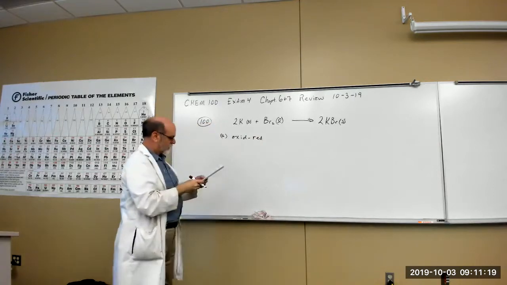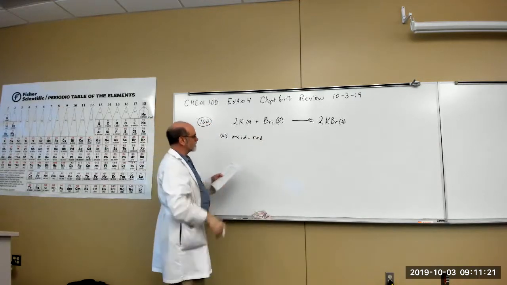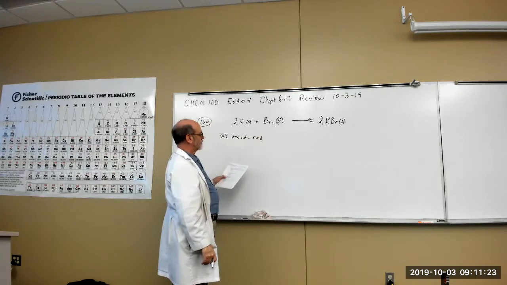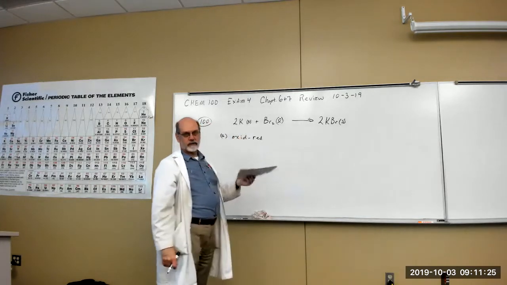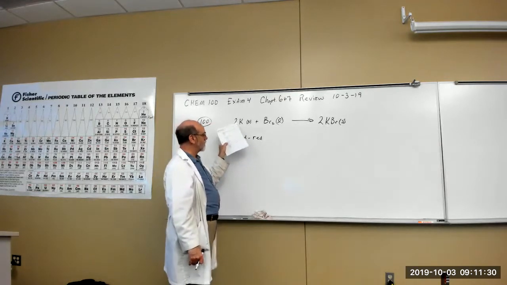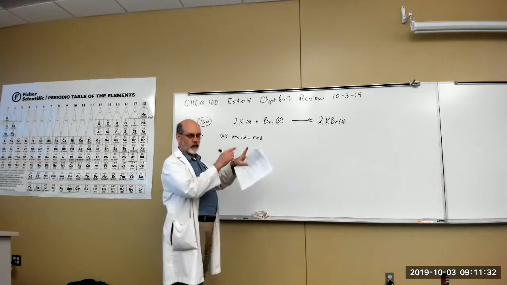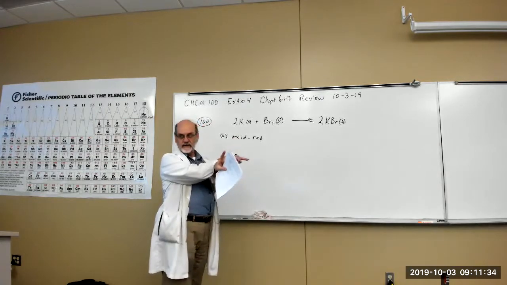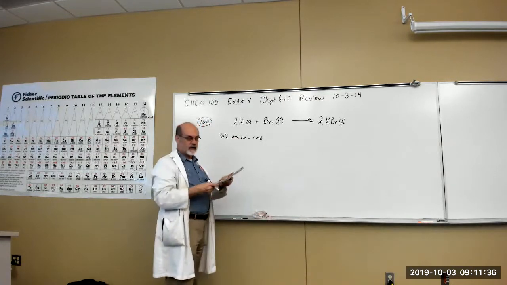Then you can look at the others and say, is this a double replacement? No, because those are not compounds. You can't replace anything. Replacements require you have 2 compounds on this side in order for the replacement to take place. Can't be a double replacement.